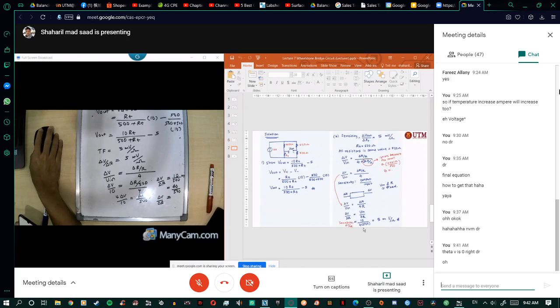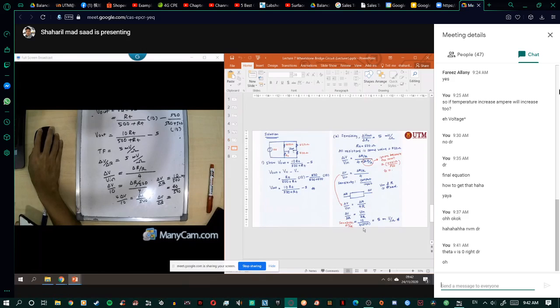Oh, no. Why is it not equal to 5 millivolt? I also forgot about it. Delta V over delta R. So 4. Oh, I'm wrong about it. So 4, 10. Yep. This one is 10. This one you times with 4.